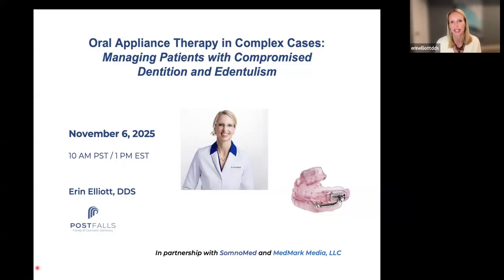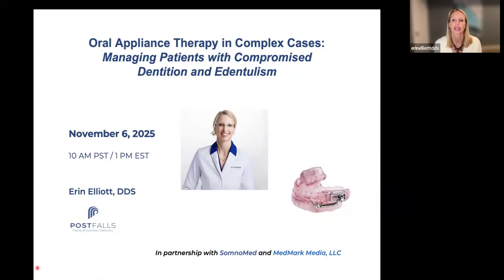And I'm hoping by the end of this that you will not be as concerned or scared of treating patients with dentures, partial dentures, or even edentulate areas. And as Steve said, I am still a practicing dentist, and I get to do dentures and partials and extractions and all of those things, and I see compromised dentition all the time.